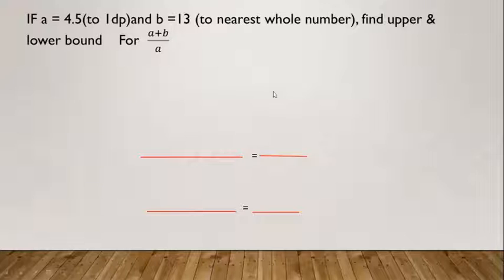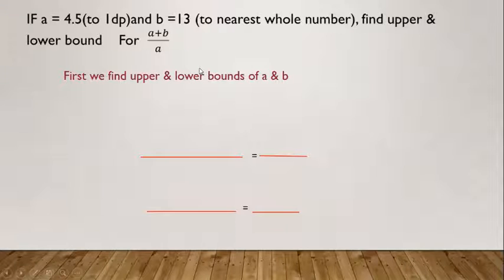Okay, so the question is: you are given the value of A, which is 4.5 to 1 decimal place, and the value of B is 13 to the nearest whole number. Find the upper and lower bound for (A plus B) upon A. A very important thing is, first we find the upper and lower bounds for the values of A and B. So here we get the lower bound for A as 4.45 and the upper bound for A as 4.55.